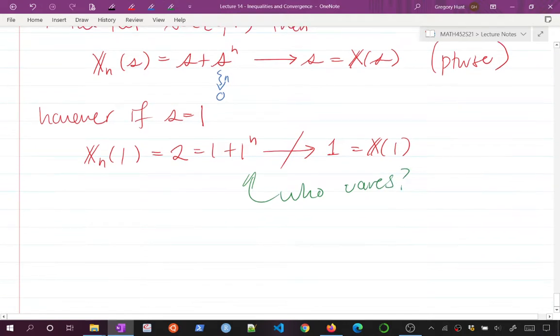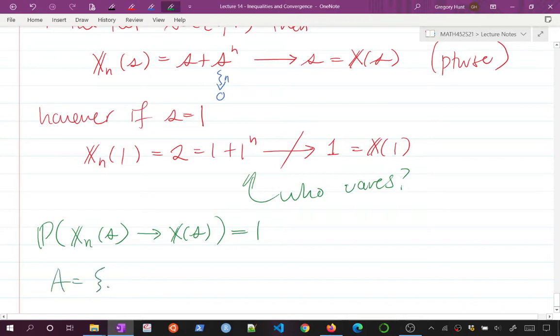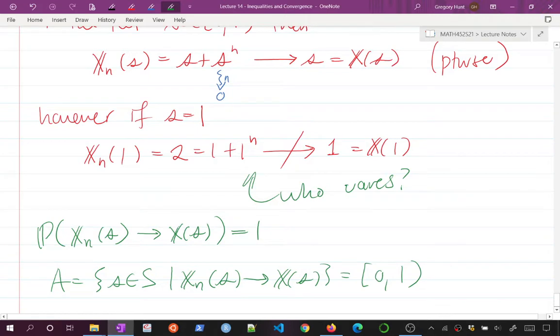The probability that X_n of s converges to X of s is 1. Basically, if I look at A, the set in my sample space where we get pointwise convergence, X_n of s converges to X of s, in this case this is everything between 0 and 1, but not including 1.